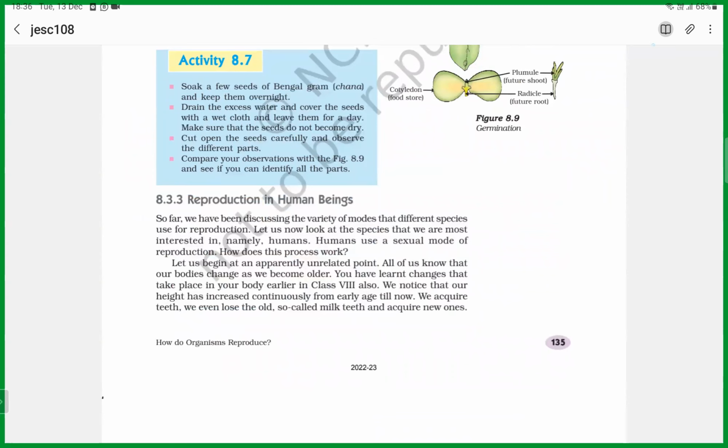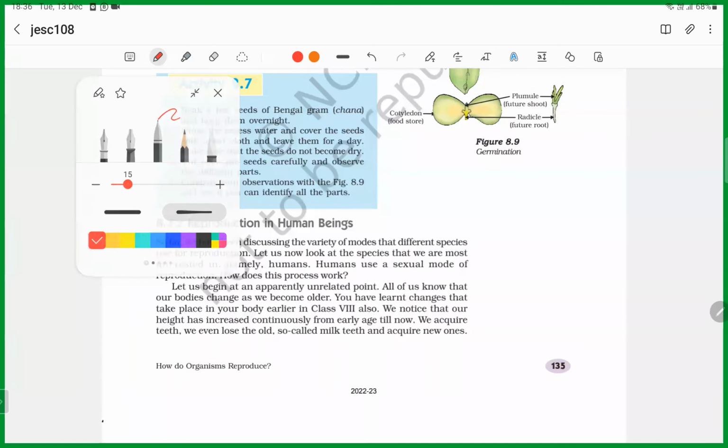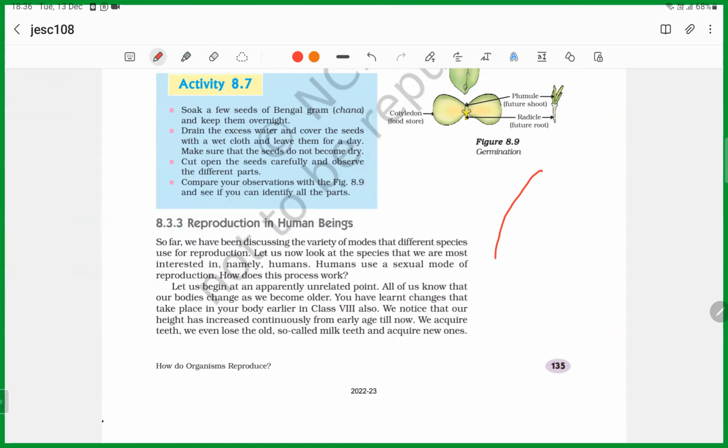Look here, the female gametophyte, the ovule, is like this. There are two ends. What are the two ends?